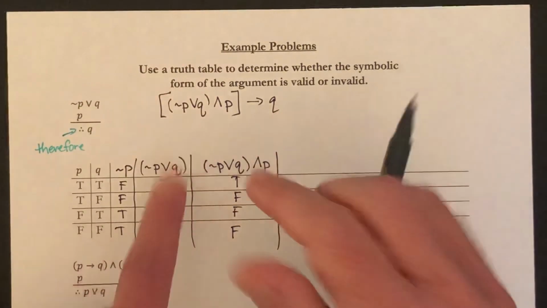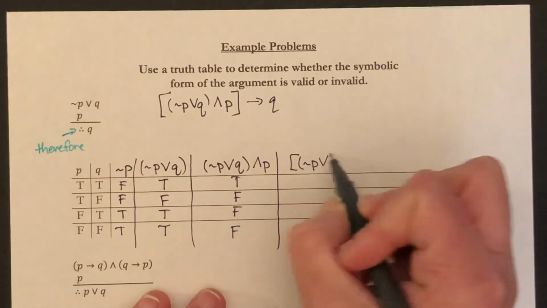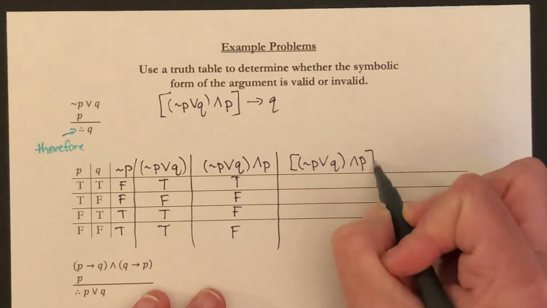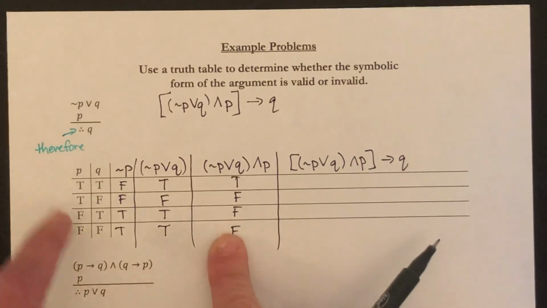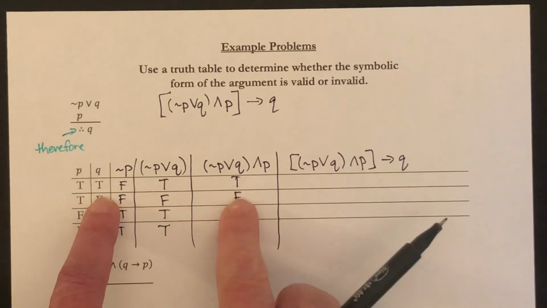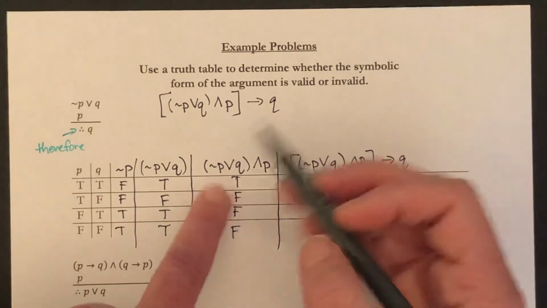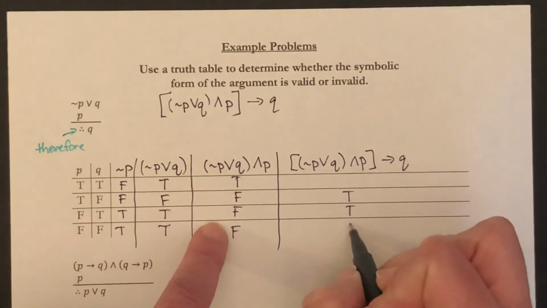Now we're able to do the conditional. So it's if this column, then this column. And remember with the conditional, if you're starting off with a false statement, the conditional is true. So since this is the beginning and it's false here, all of these are true.